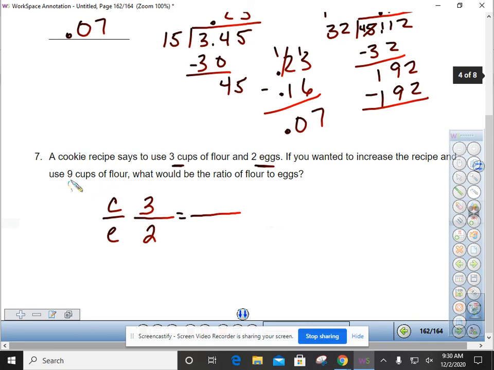And then this says 9 what? Where does that go? Write it down. On the top. There's 3 cups of flour. What do we do? You can cross multiply. Can you cheat on this one? Yeah, you can do 3x equals 18. Or you can say, how'd I get from 3 to 9? Times 3 if you do it upstairs. And you get what? 6. And what's 18 divided by 3? 6. So you would get 6 either way, right?